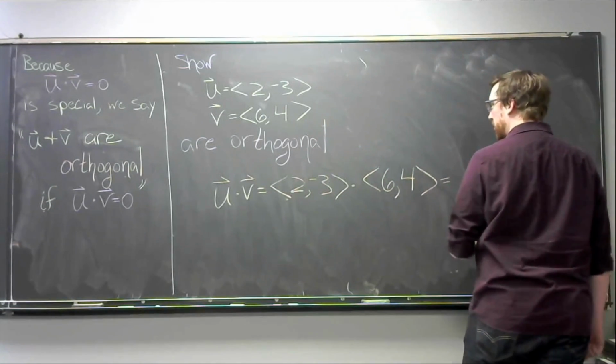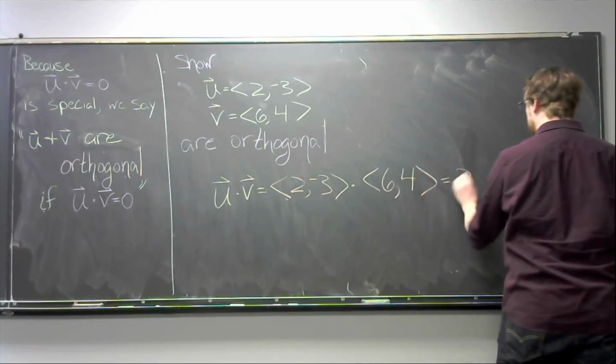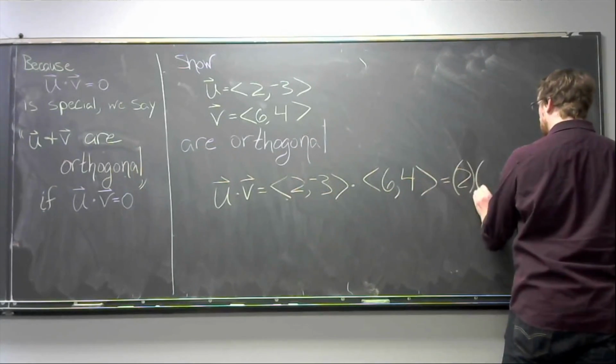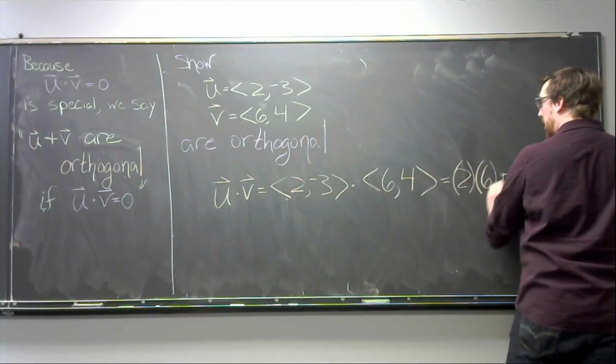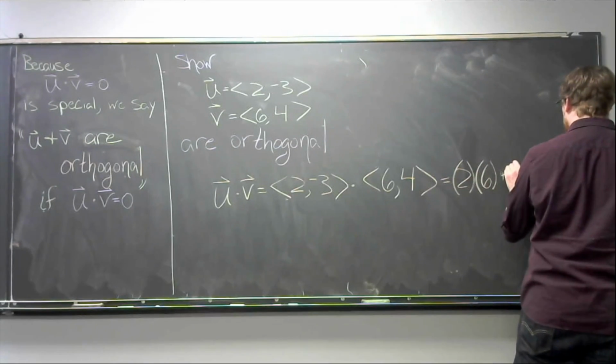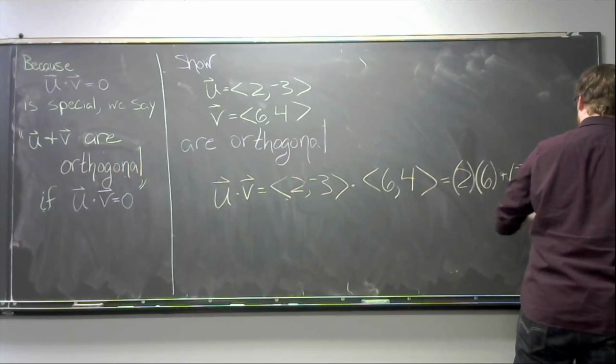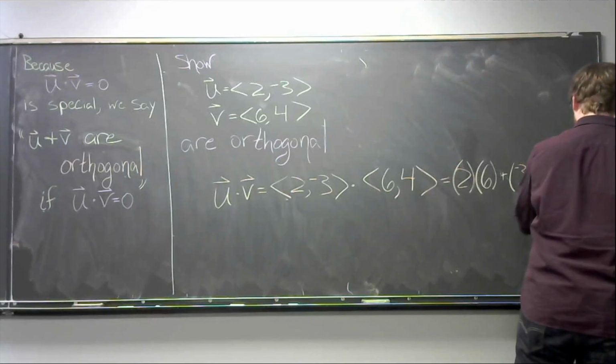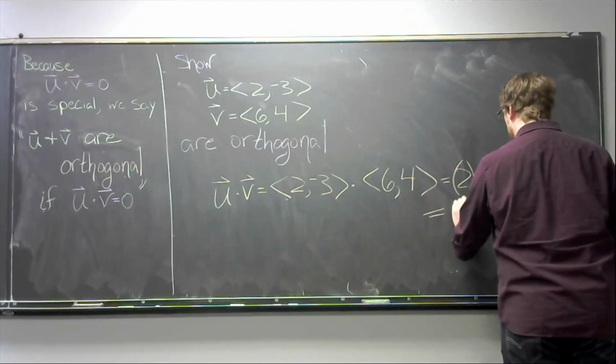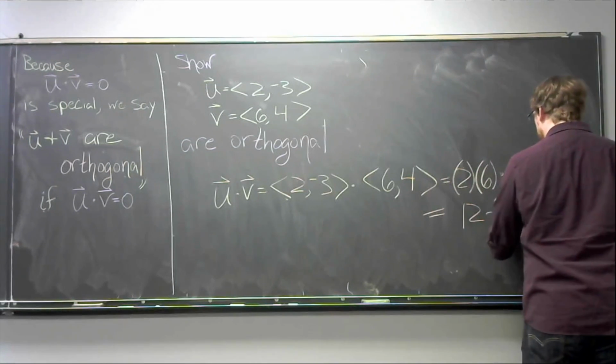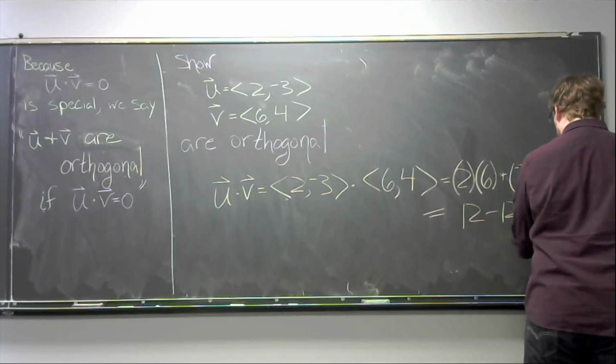Well, this is equal to 2 times 6 plus negative 3 times 4, which is going to come out to be 12 minus 12, which is equal to 0.